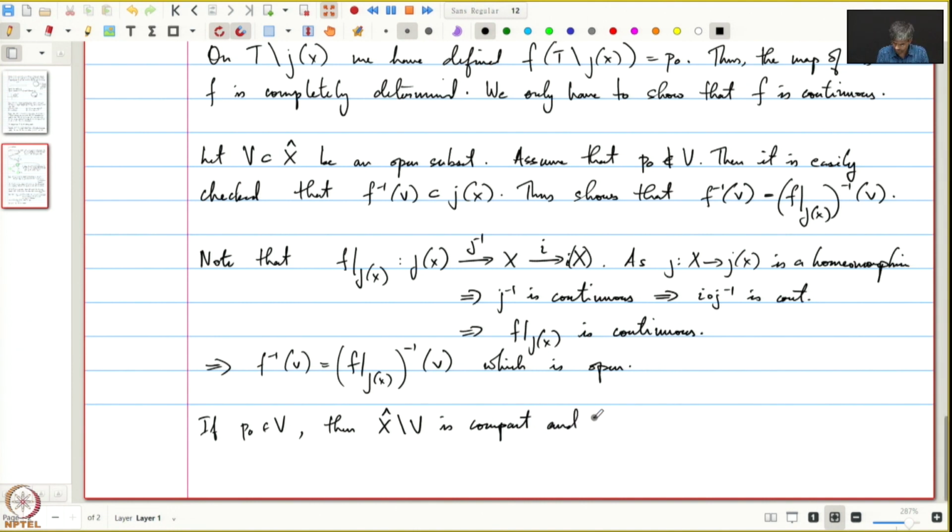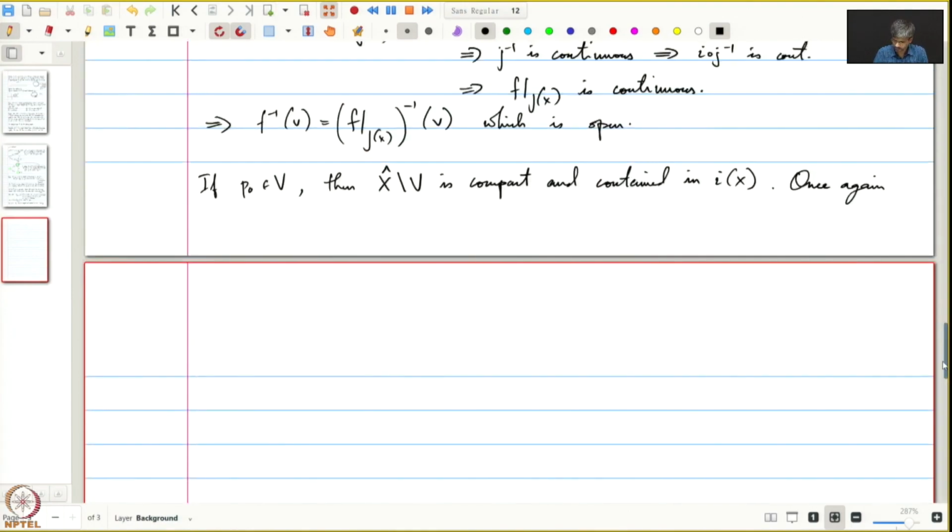And contained, once again, in I of X. So once again, F inverse of this, since it is contained in I of X, is equal to F restricted to J of X inverse of X hat minus V, right?